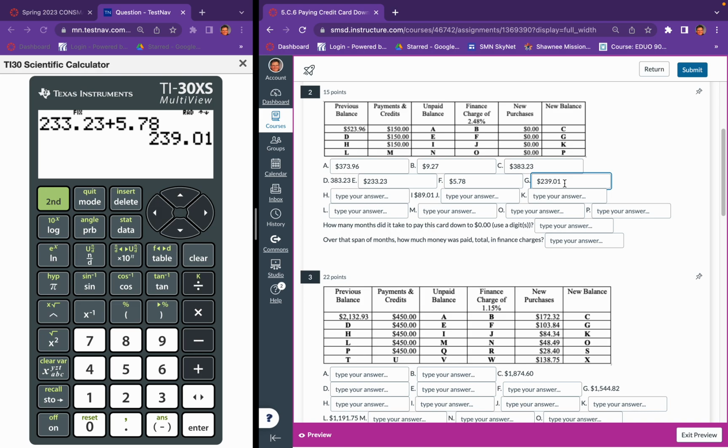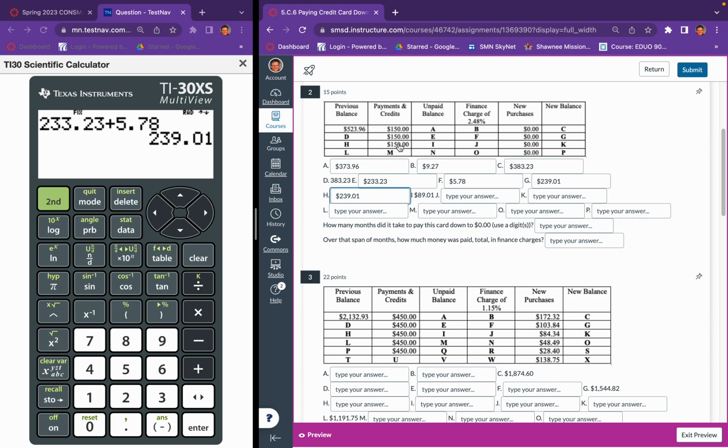So if the billing cycle ends, if the month ends with me owing $239.01, when the next cycle opens, I owe $239.01. So for instance, as an example, if on January 31st you owed $239.01, then the next day, February 1st, you still owe $239.01. Okay?